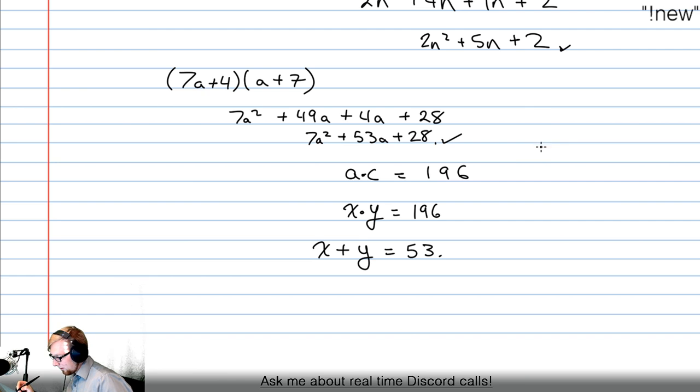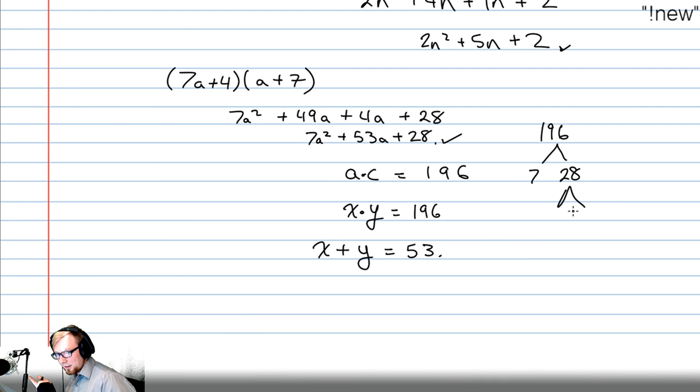So let me ask you this. You know that you have 7 and 28. That gives you 196. How come you didn't just finish your tree from there? I don't know. But because they didn't add up to 53. That's fine.